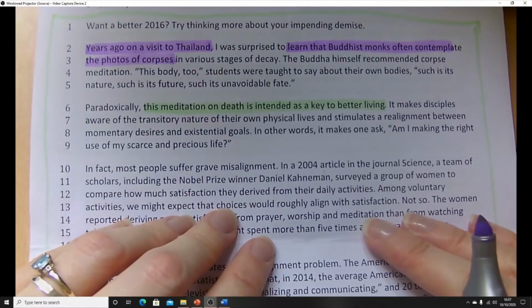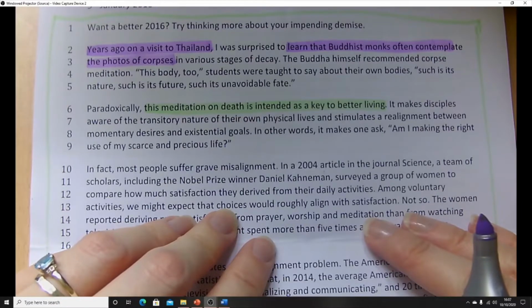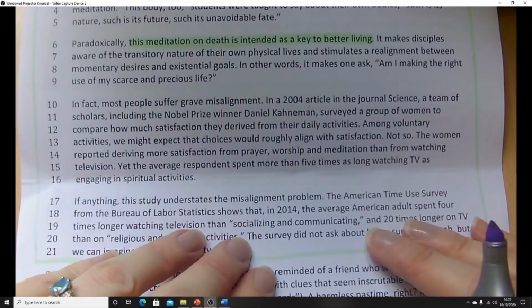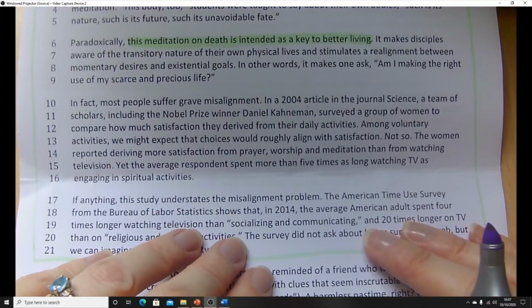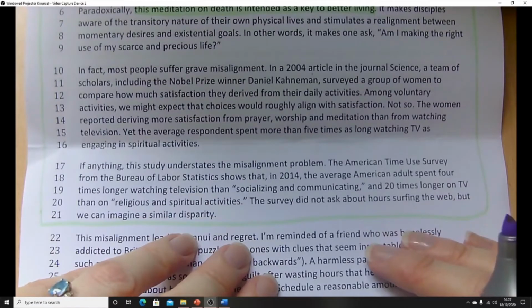It makes disciples aware of the transitory nature of their own physical lives and stimulates a realignment between momentary desires and existential goals. In other words, it makes one ask, am I making the right use of my scarce and precious life? In fact, most people suffer grave misalignment. In a 2004 article in the journal Science, a team of scholars, including the Nobel Prize winner Daniel Kahneman, surveyed a group of women to compare how much satisfaction they derived from their daily activities.